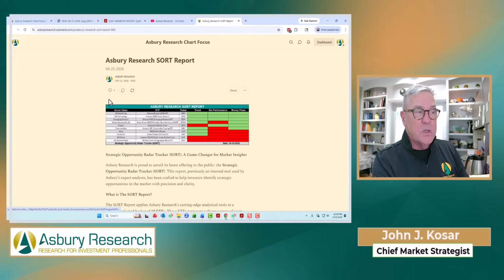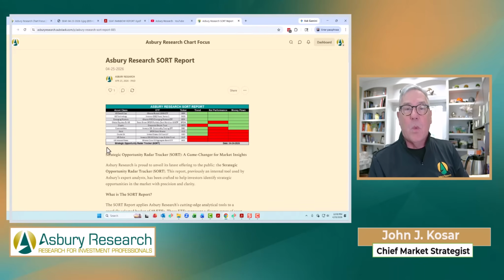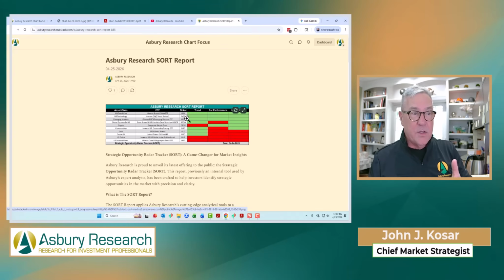What it does, it looks at a broad swath of different types of assets: small cap, U.S. technology, crypto, commodities, gold, U.S. dollar, U.S. interest rates, and more. And it measures them according to three different metrics. Positive trend is going to show green. Positive relative performance, either versus the S&P or versus whatever its parent might be, is the second one.